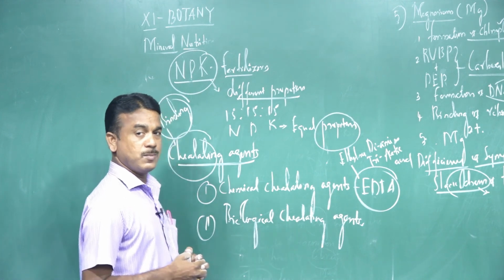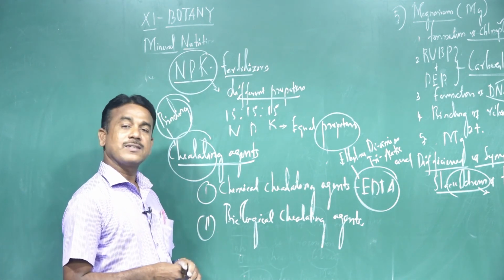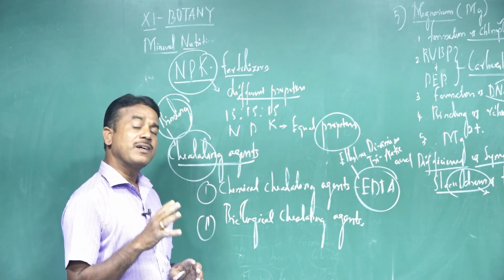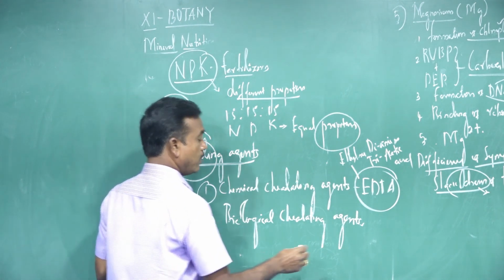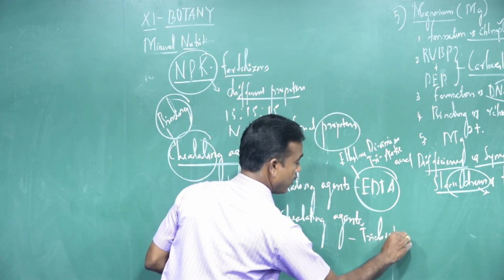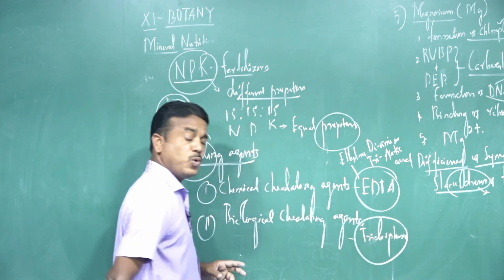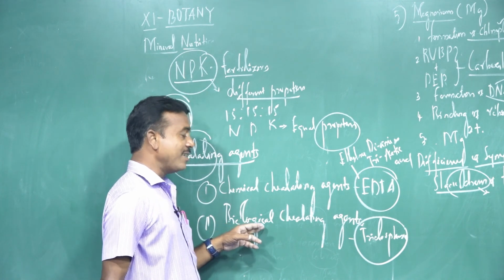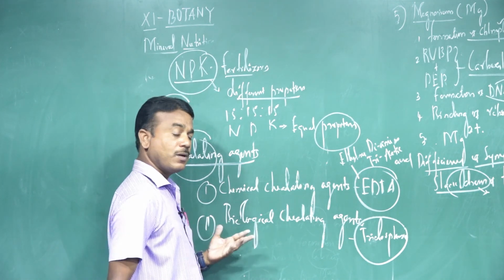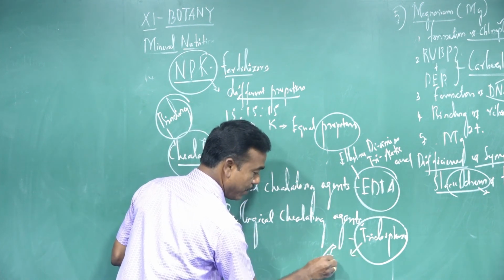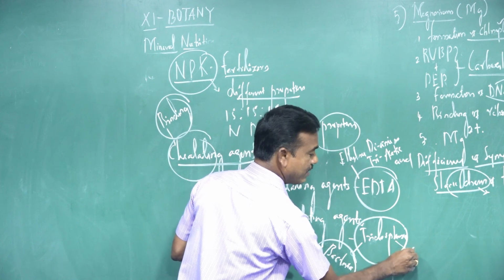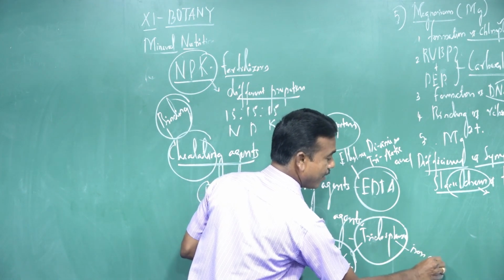The last one I am going to discuss is biological chelating agents. The biological chelating agent to consider is the siderophore. Siderophore acts as a biological chelating agent. It is produced by bacteria and is an iron carrier.